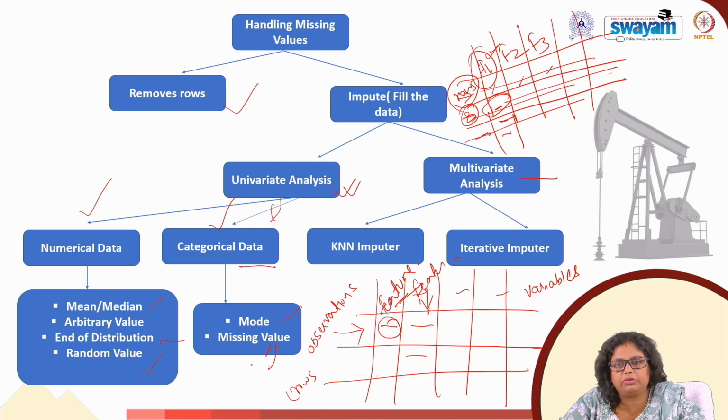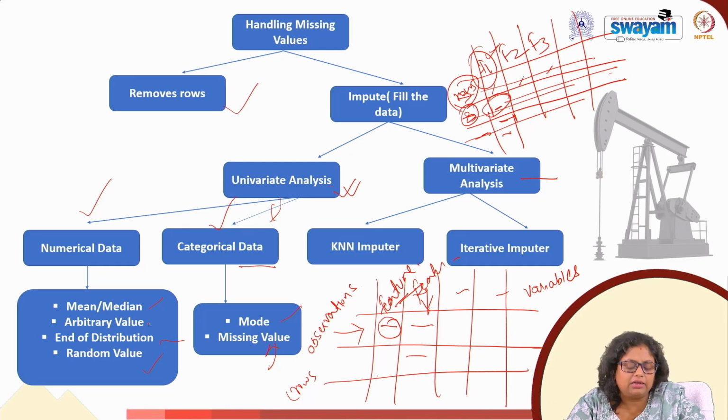Otherwise, for categorical data we can just replace with the mode. This is the case of univariate analysis, where we replace the particular column's value with a statistical parameter like the mean or median.